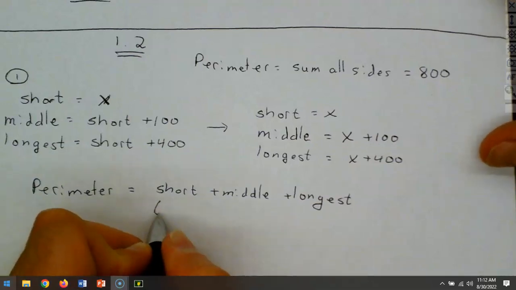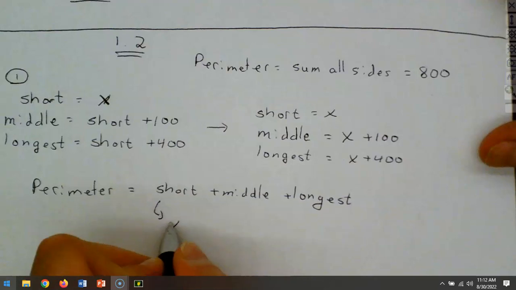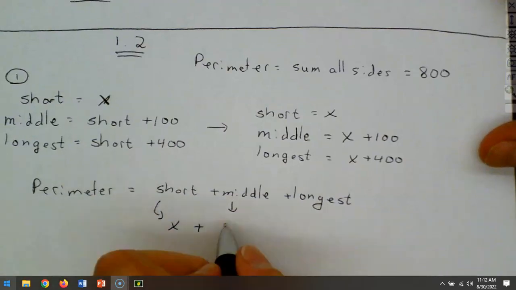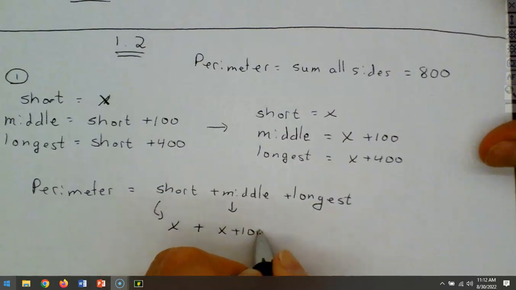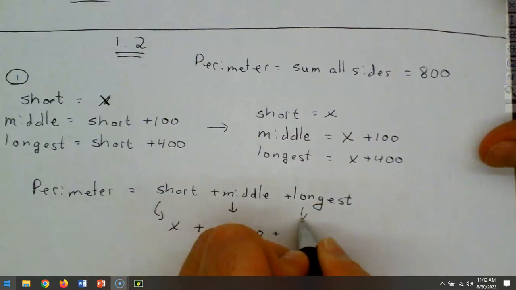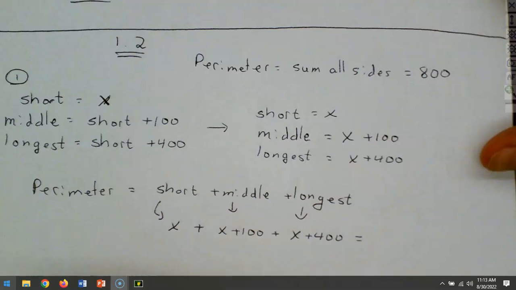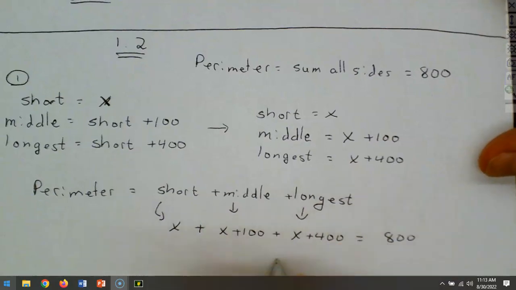So the short side is x. The middle side is going to be x plus 100. And the longest side is x plus 400. And what is that going to equal now? 800. And I think you can finish it from there.